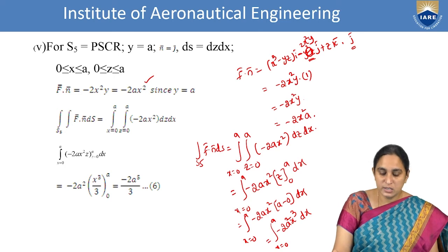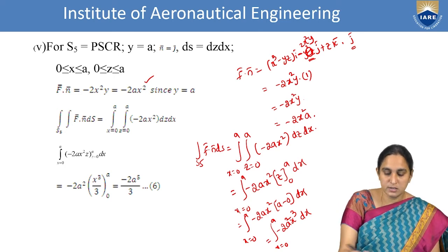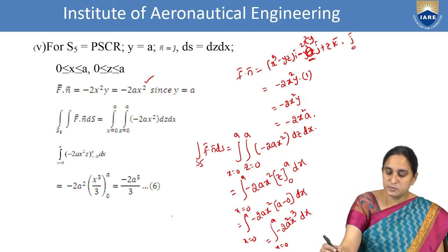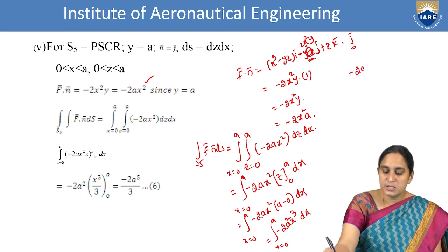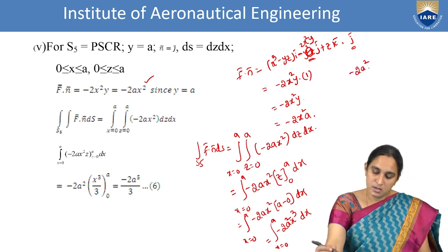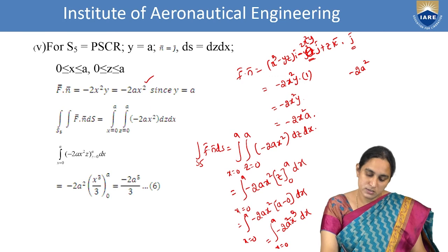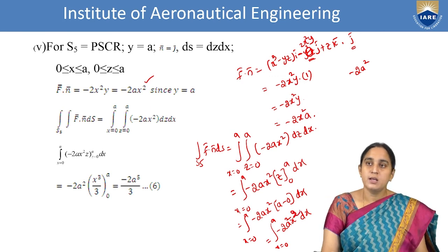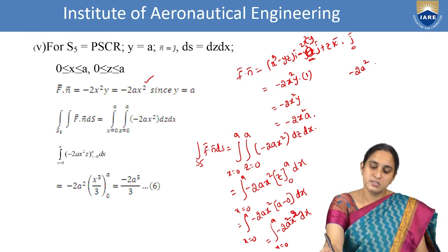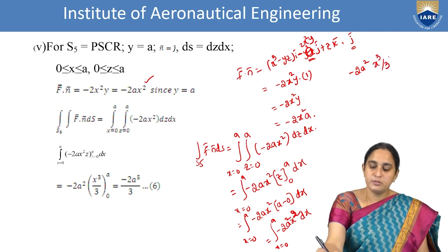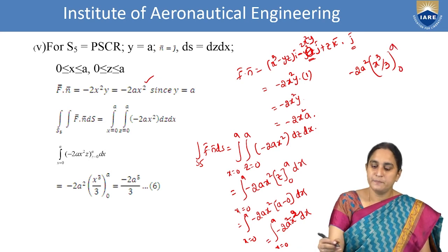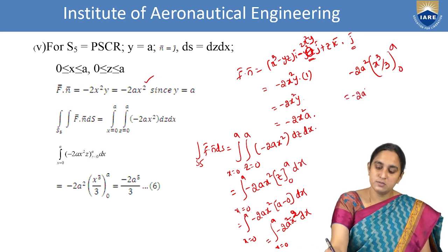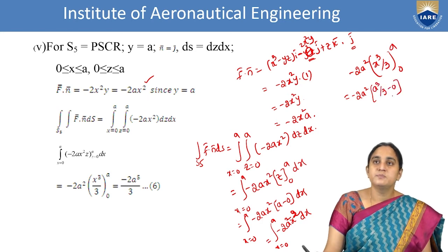Okay, now integrate with respect to x, that is with respect to x means what? Minus 2a square into, okay, once you observe there x square only, sorry, x square, that is minus 2a square into x square, integration is x cube by 3. Therefore, the limit points for x cube here 0 to a, that is minus 2a square into a cube by 3 minus 0.